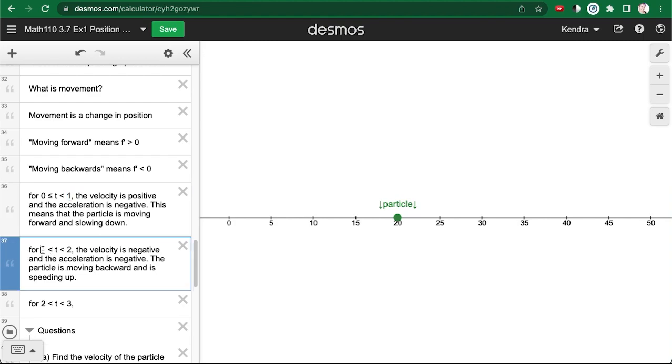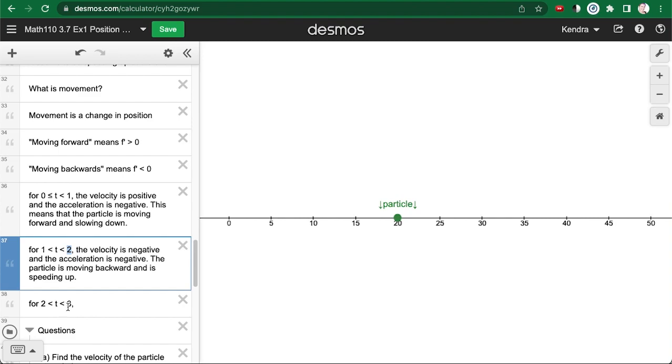And then from t equals 1 to 3, the velocity was negative, and then after t equals 3, the velocity was positive. So 1 and 3 are the breaking points for velocity changing direction. And then t equals 2 was a changing point for the acceleration changing direction. For t less than 2, the acceleration was negative, and for t greater than 2, the acceleration was positive. So that's why I'm splitting into these intervals.